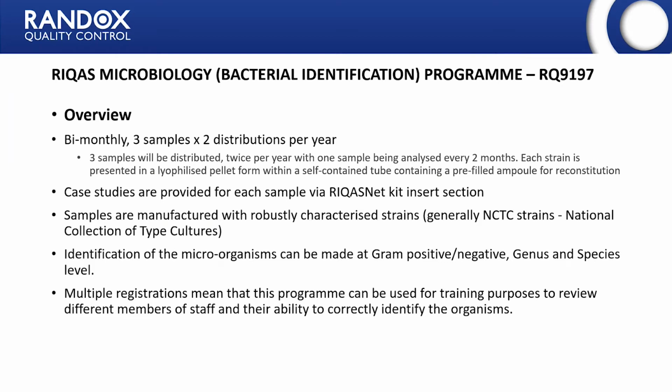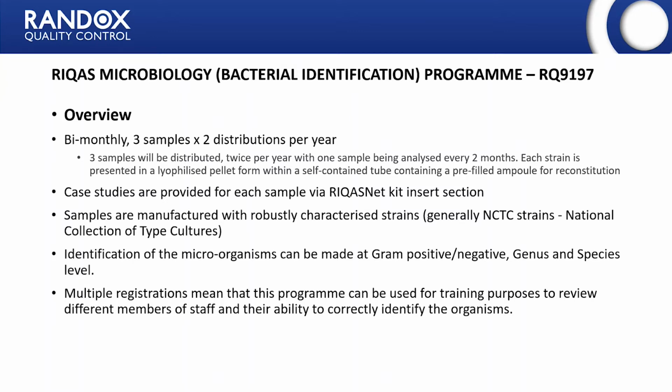We do offer multiple registrations, the same way as we would with our normal programs. This can be useful for training purposes, helping new members of staff to assess their ability to correctly identify the organisms. We understand that nowadays many labs will just use automated systems, but I do believe that in many cases they still have to be able to identify going through the old traditional route.